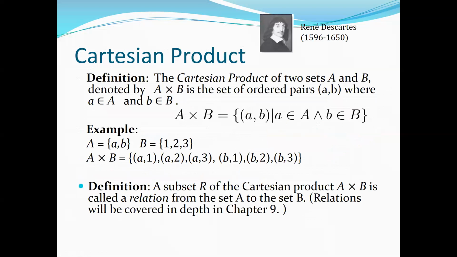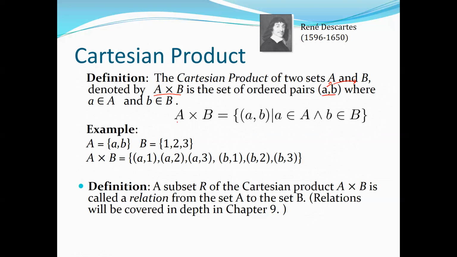All right, so let's talk about the Cartesian product now. What is the Cartesian product? The Cartesian product of two sets, which we represent as A cross B, is the set of ordered pairs A, B where A belongs to set A and B belongs to set B. So basically, given two sets A and B, the set of all possible ordered pairs is called the Cartesian product.